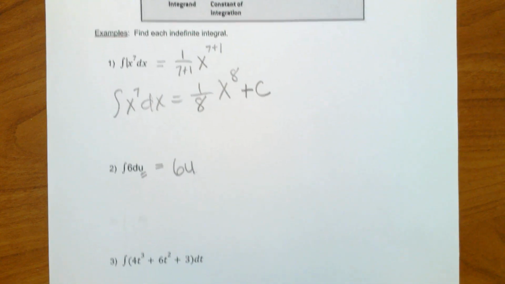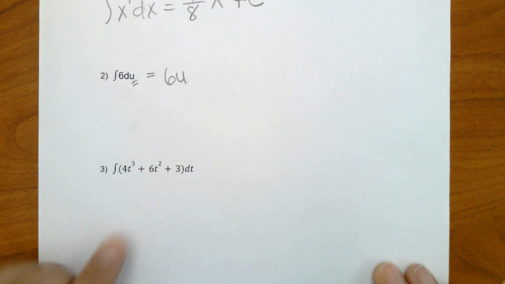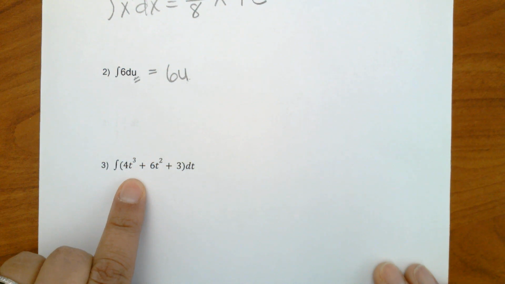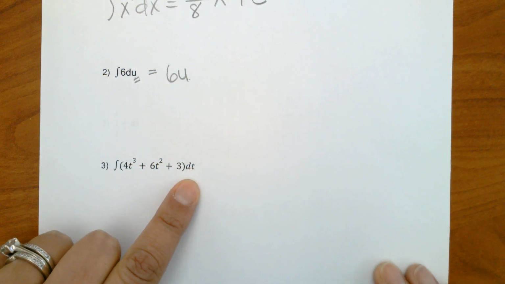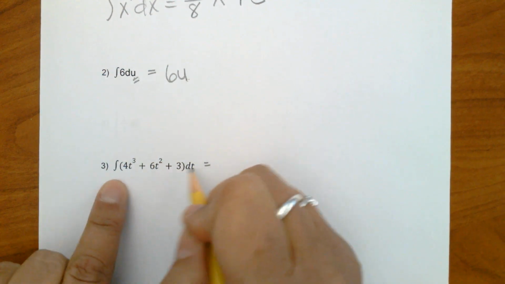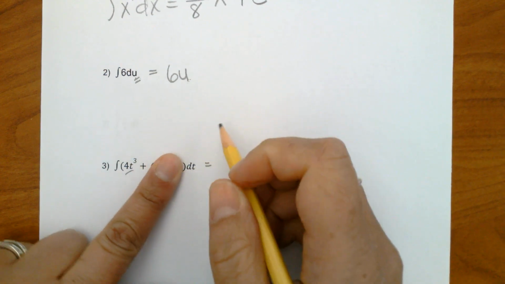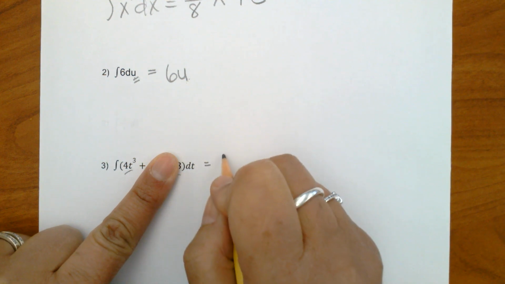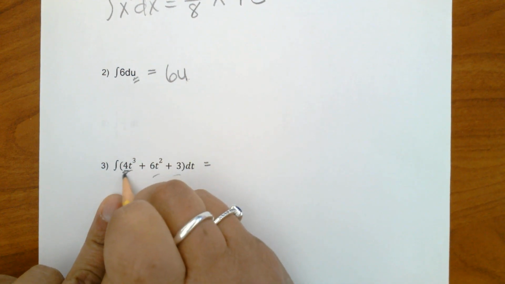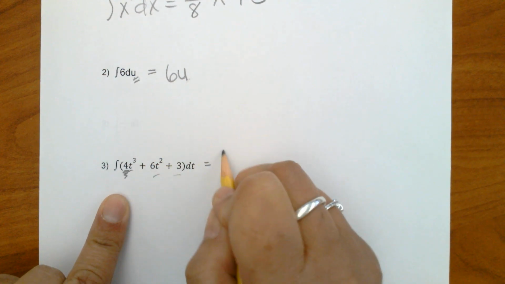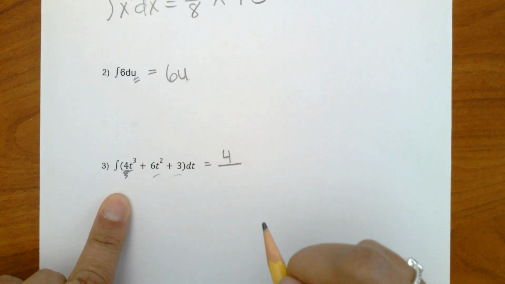Okay, and number 3, we need to take the integral of 4t cubed plus 6t squared plus 3t, dt. What it wants you to do here is just do one at a time. So we're just going to look at that 4t cubed. Because we have a number in front of t, this 4 is now going to go in the numerator.